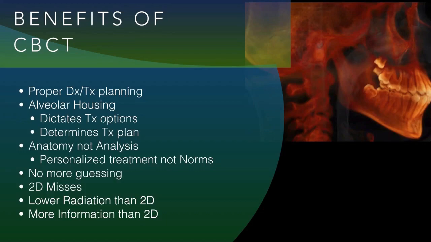And it really becomes down to more about anatomy and not so much about analysis. So no longer am I looking at various analyses. Now I'm looking at the patient's individualized anatomy and personalizing treatment to their anatomy, not to norms that we're used to looking at.